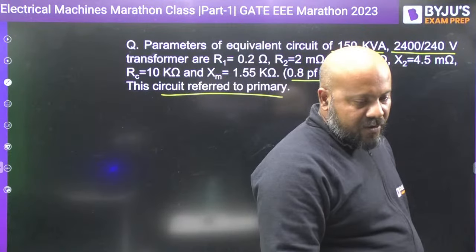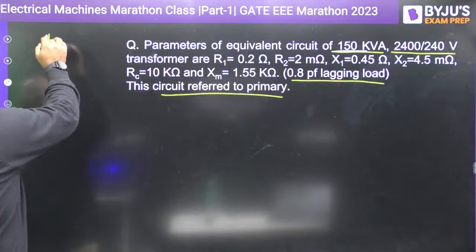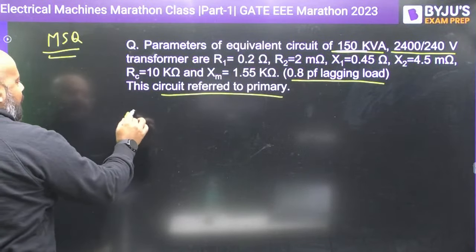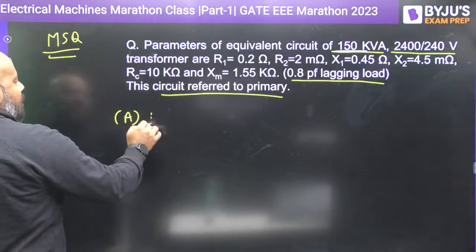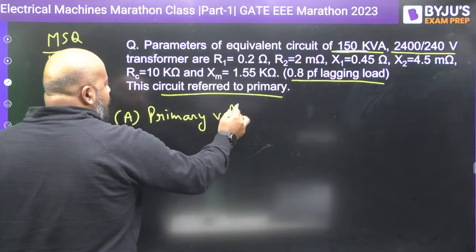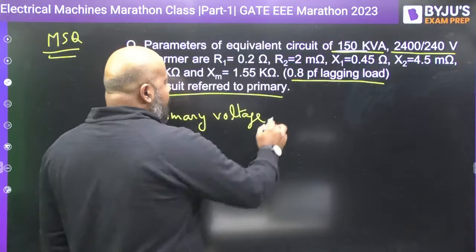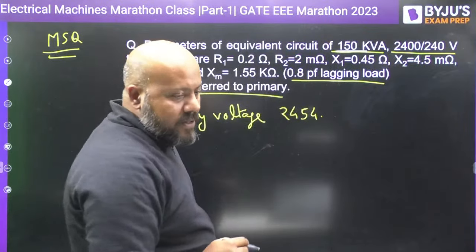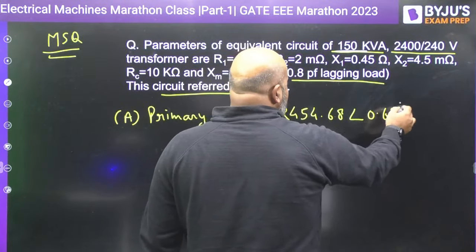I don't know why the options are missing, so let me give you the options also. It is going to be a multiple select question. Option A is primary voltage is 2454.68 angle 0.69 degrees.